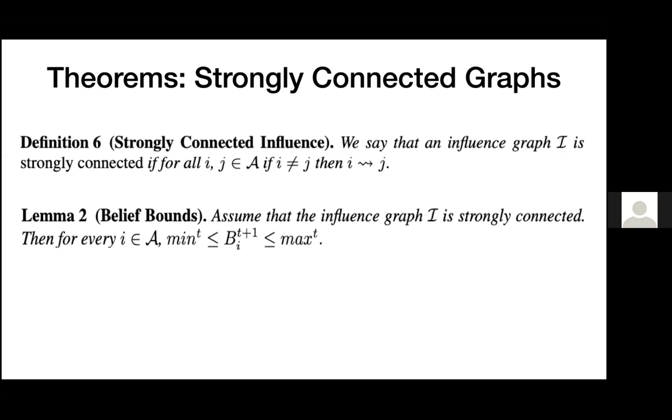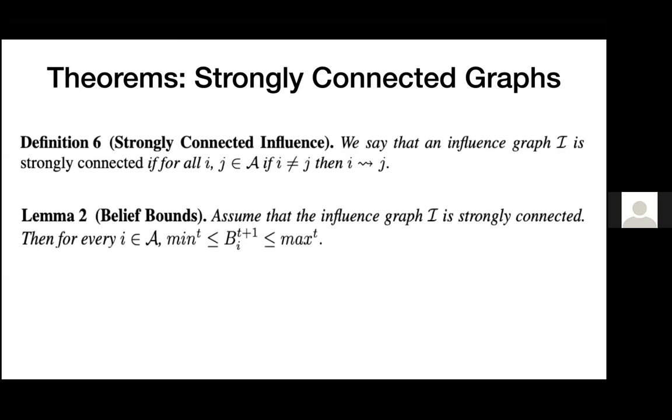If you have a strongly connected graph, for every agent, the belief of the agent at time t is going to be bounded by the two most extreme agents, max t and min t. So for example, and this is just an example, the beliefs of any of us will be bounded on the left by some leader of the left and on the right by some prominent leader of the right.